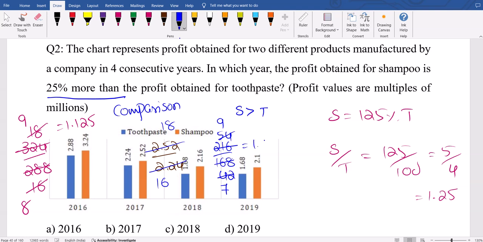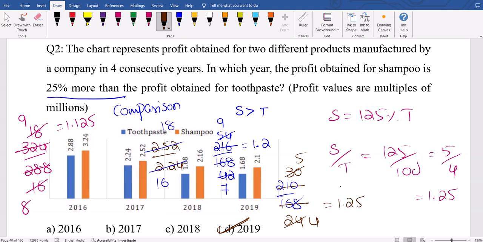Yeah, 1.2 something will come here at least. So this is 210 divided by 168, which is 5 times, 4 times, see 5 by 4, 1.25, 2019 correct. 2019 is the one which is your answer. 1.25 required. Option D.